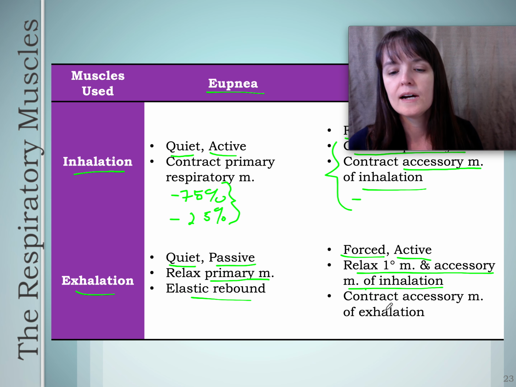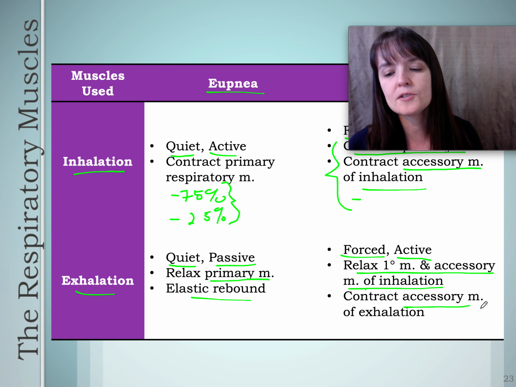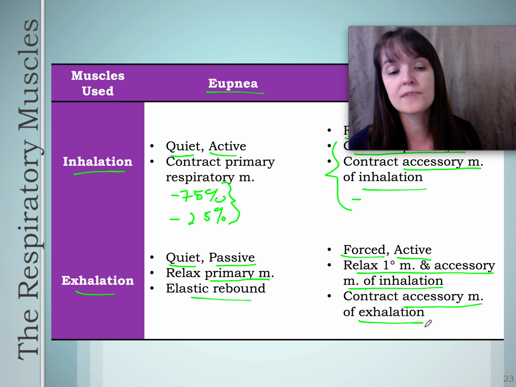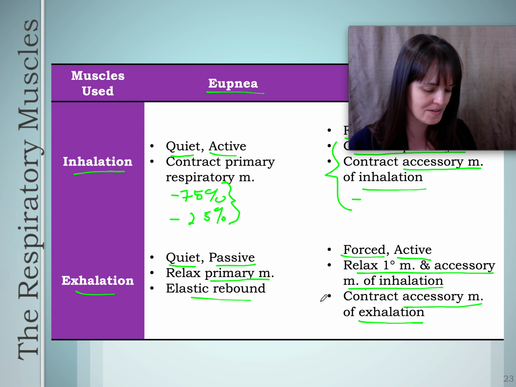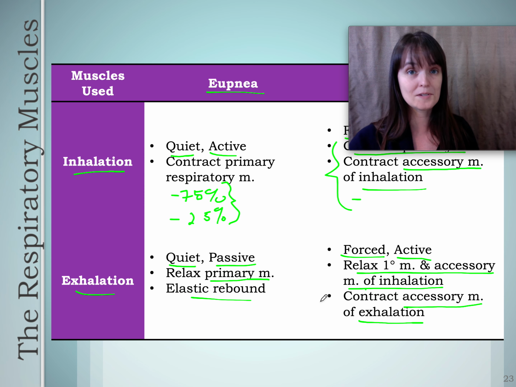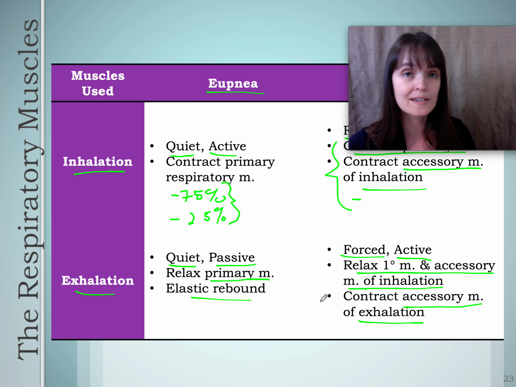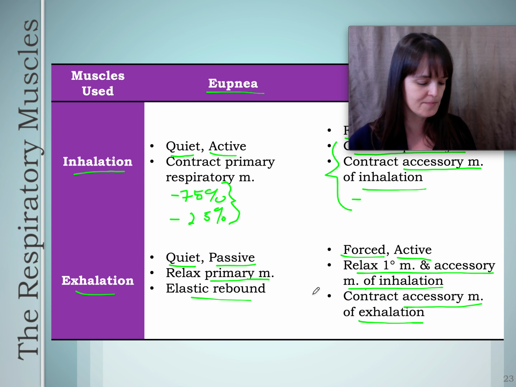But you also contract the accessory muscles of exhalation. Now, to be clear, there are no primary muscles of exhalation. This is just the accessory muscles of exhalation. So this helps you blow out the candles on a birthday cake. Which again, this is COVID times, so it's just a stupid idea anyway.